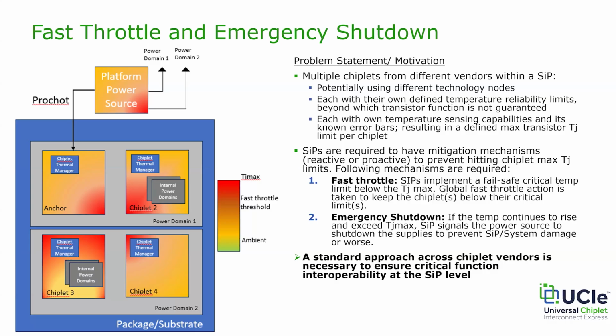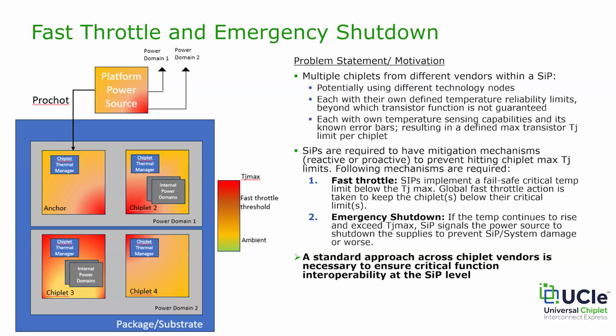This setup allows any chiplet to assert the pin when its internal fail-safe temperature limit is reached, or when it is signaled by an external platform that is experiencing very high temperature. Once you assert it, all the participating chiplets will throttle down their operations to a pre-negotiated level at a defined rate. And effectively that reduces the heat generation and maintains things safely.